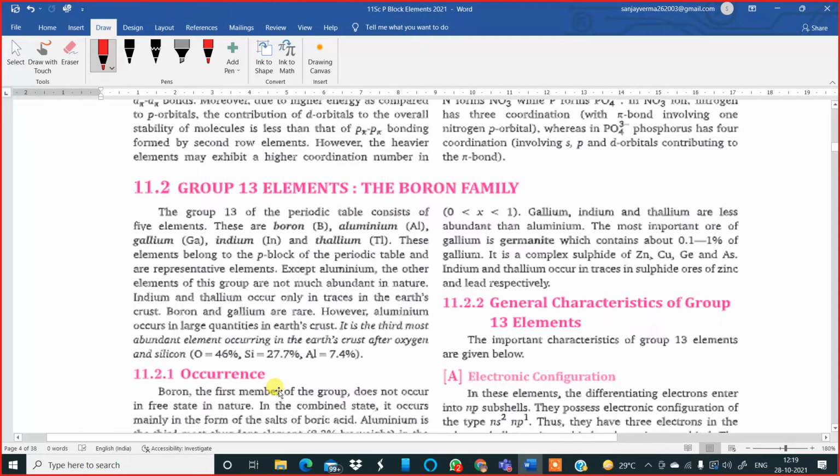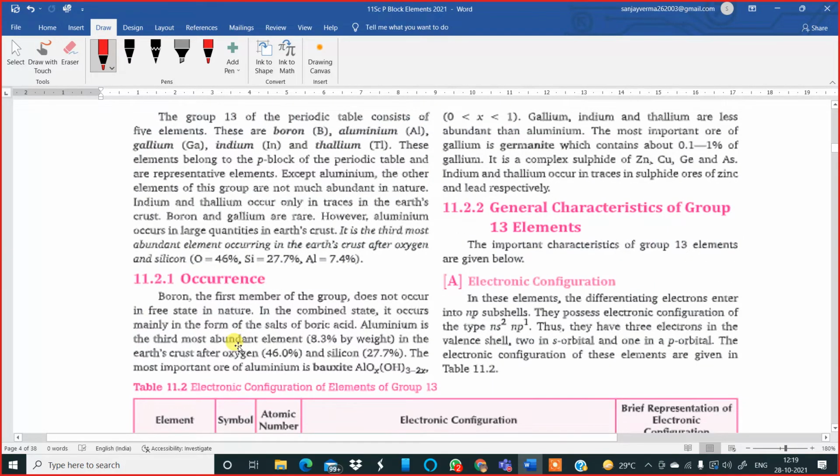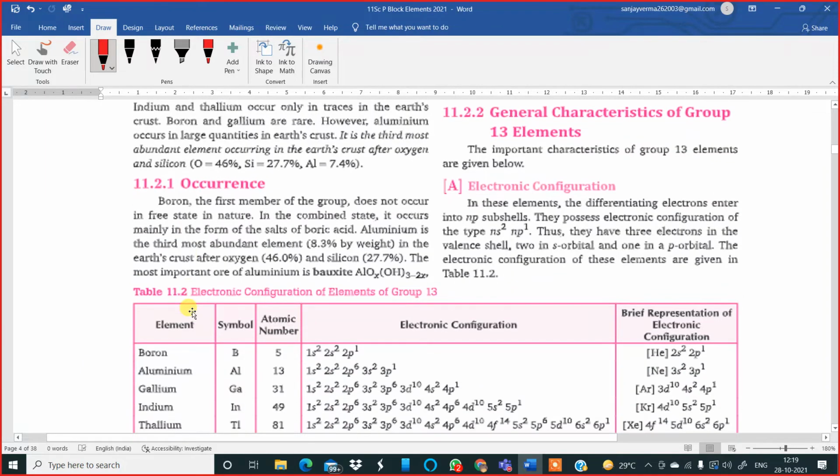Occurrence of the group 13 elements. Boron, the first member of the group, does not occur in the free state in nature, but in the combined state it occurs in the form of boric acid and borates.